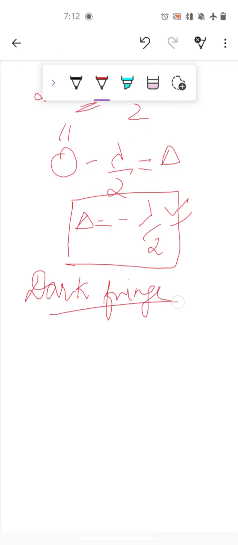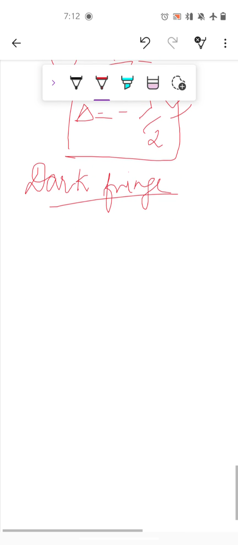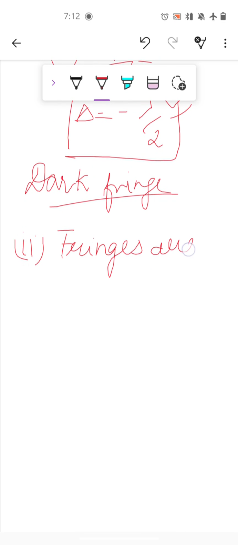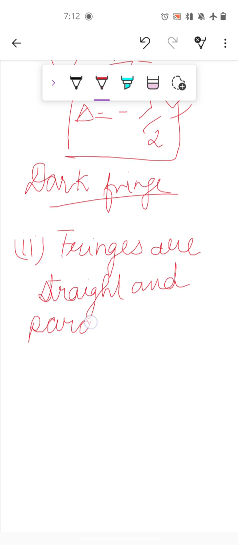Now the next property is that fringes are straight and parallel. What is the condition for this? Very important condition.